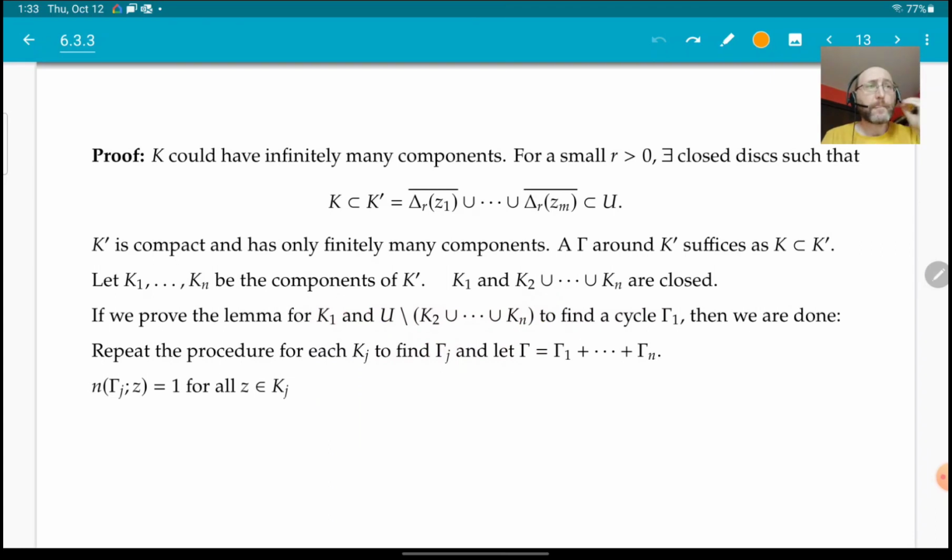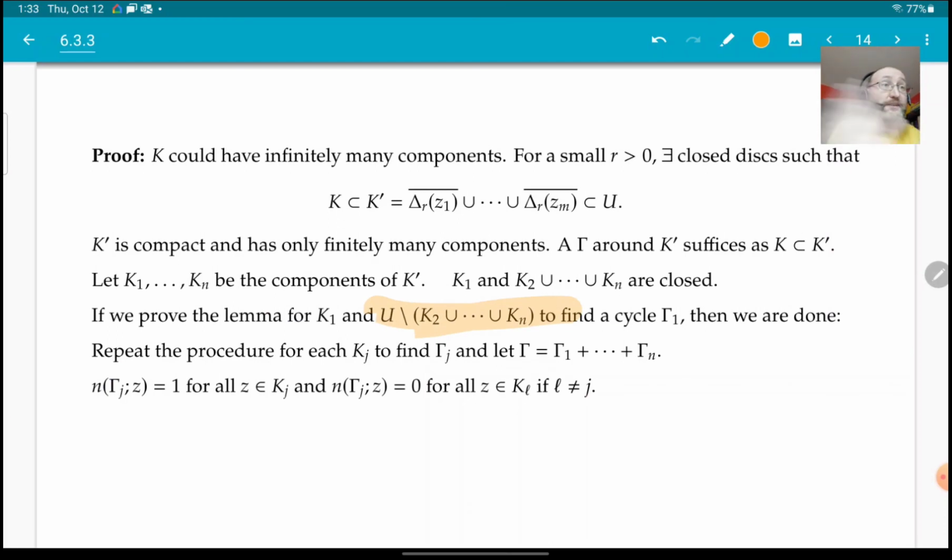All right, now, the gamma j, the way that we get it, right, is that, well, what it means, if the lemma is true in this setting, is that it's going to go around Kj, right? So the winding number around points of Kj is going to be 1. And because it's homologous to 0 in U minus the rest of the components of K, then it's not going to wind around any of the other K's, right?